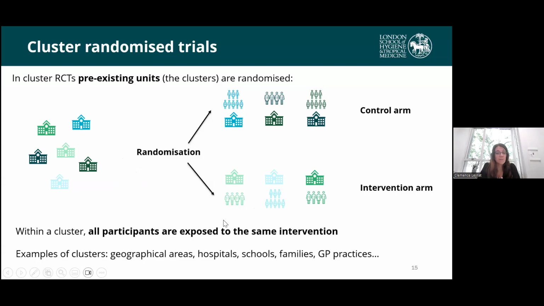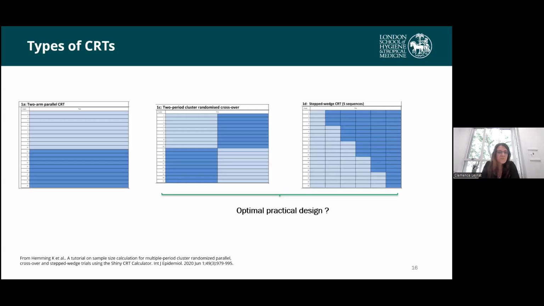So it means that the patients of a given hospital will all receive the same intervention. And in practice, there are many things that can be clusters: geographical areas, hospitals, schools, families, GP practices. There are cluster trials about a lot of different things. But the key thing is that within the clusters, everyone, at least in theory, is exposed to the same level of intervention.